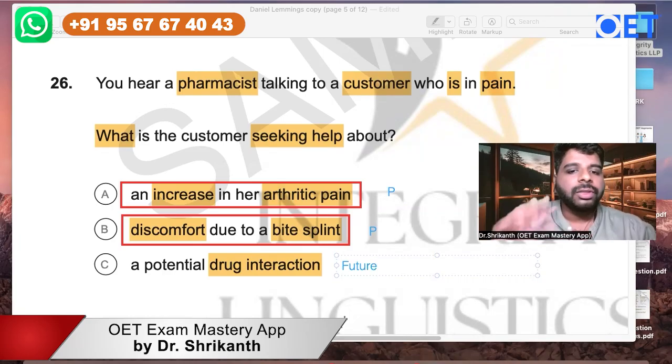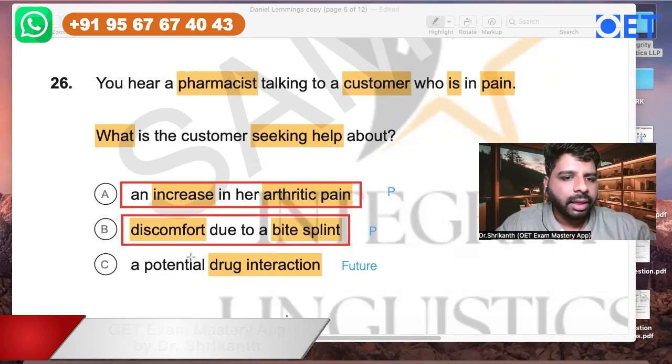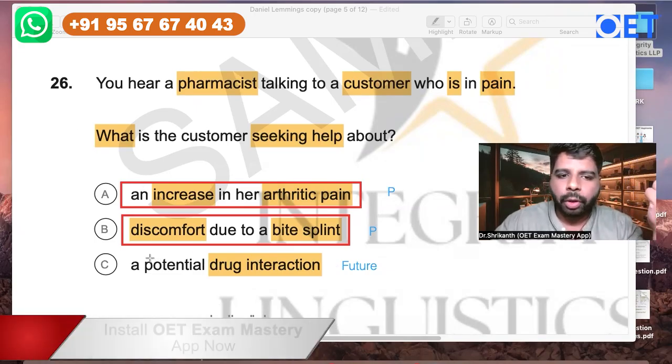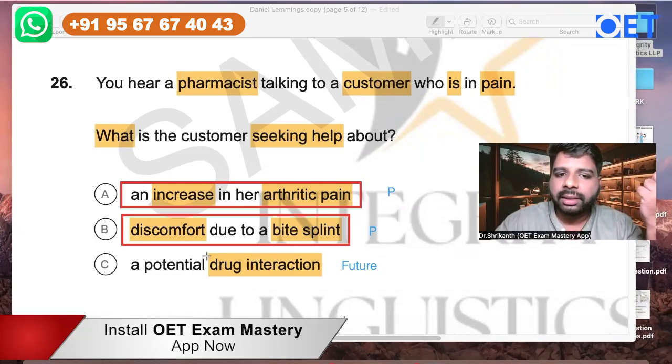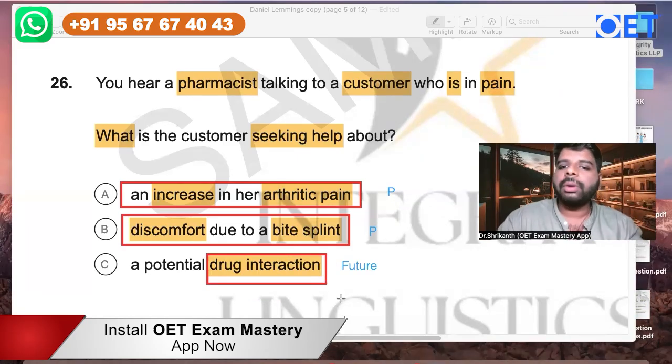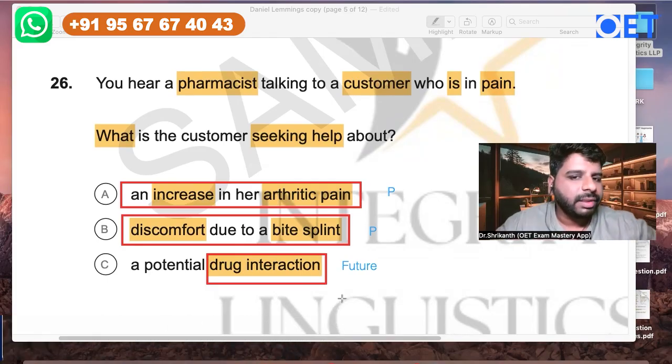So this is future tense. Answer option C is a potential drug interaction that may or may not happen in the future, and for that potential problem, she is seeking help from the pharmacist.